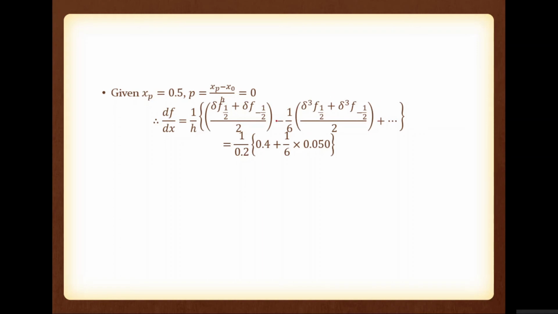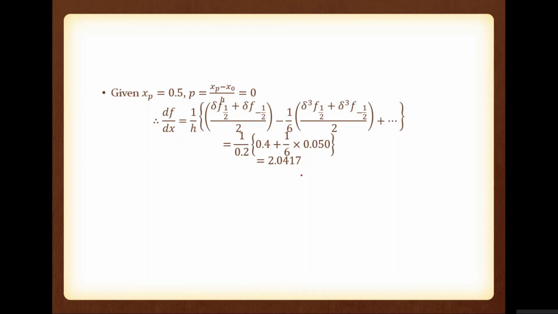Already a minus sign is there, so minus into minus, this is plus into 1 by 6 into 0.05. So what is the value? 2.0417. So this is the answer. So you have to write df by dx at x equal to 0.5 is 2.0417.